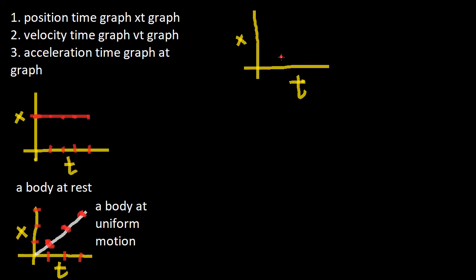Then the graph will look something like this. It will have some kind of a concave structure if the body is moving with positive acceleration.